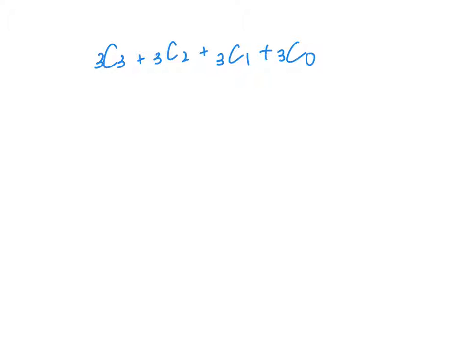If we do some simplification here, we get 3 choose 3 is 1, plus 3 choose 2 is 3, plus 3 choose 1 is 3, plus 3 choose 0 is 1. And that is equal to 8.